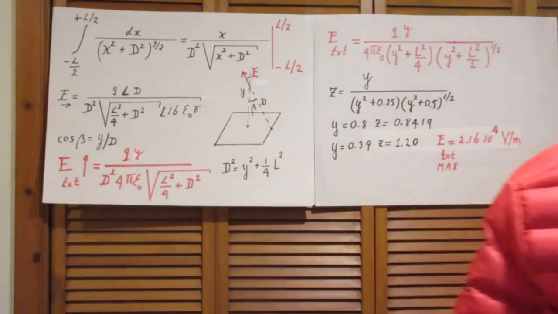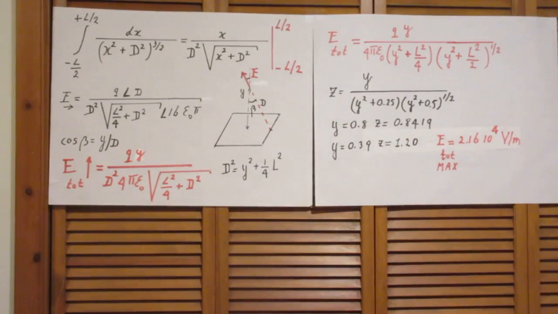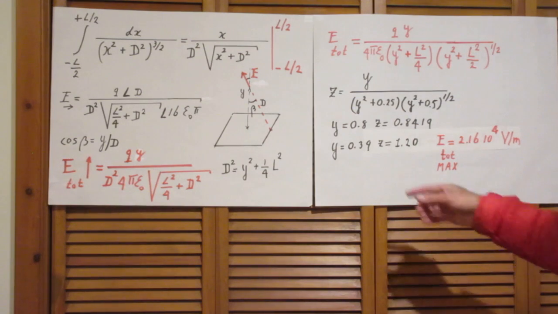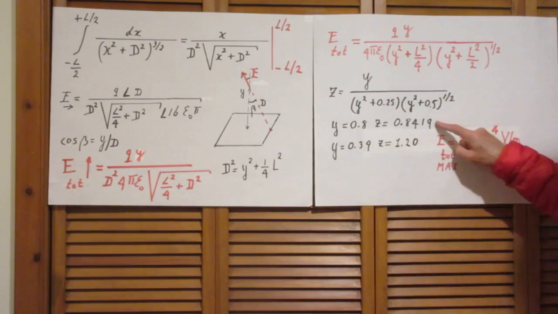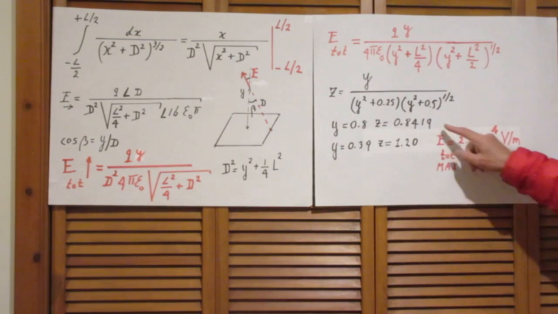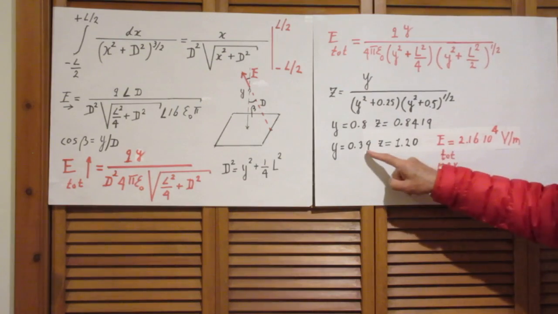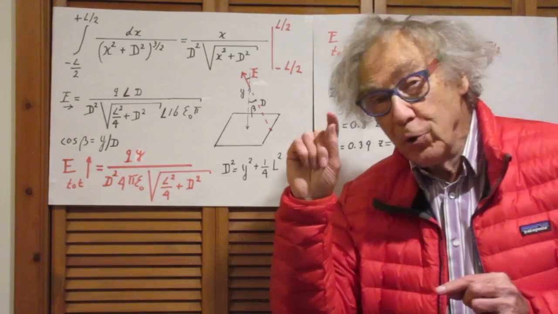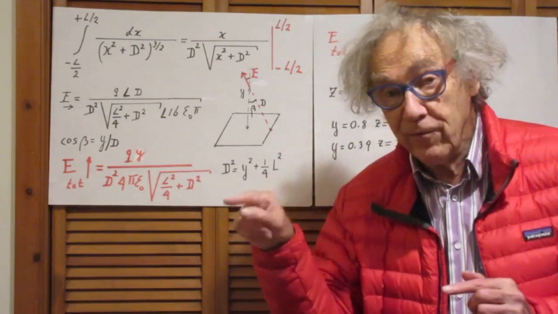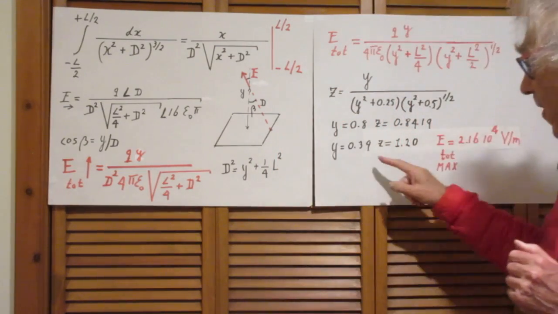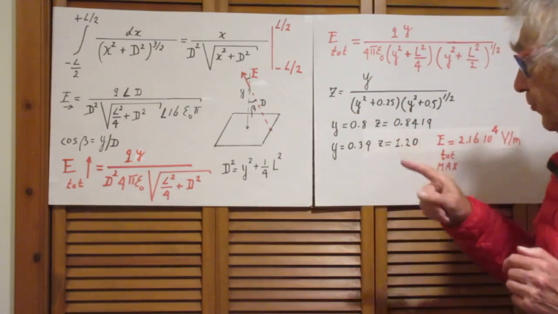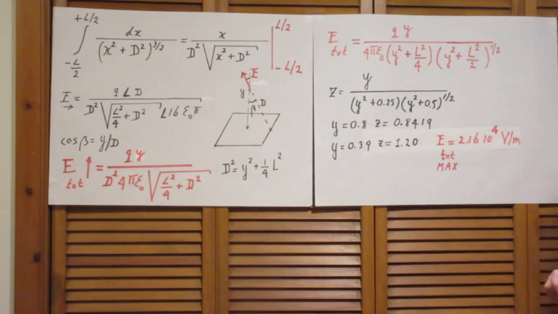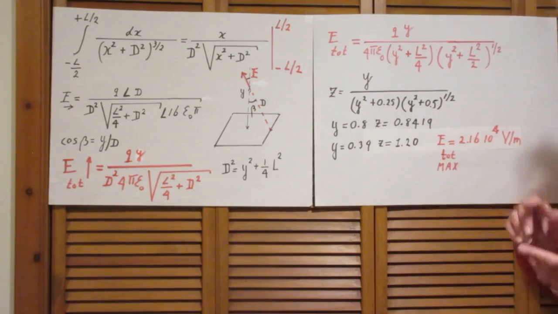So if now I put in y equals 0.8, I find this value for z. But if now I try to get very close to the top of that curve in Wolfram, it's very close to y is 0.39 meters. And indeed z is higher.